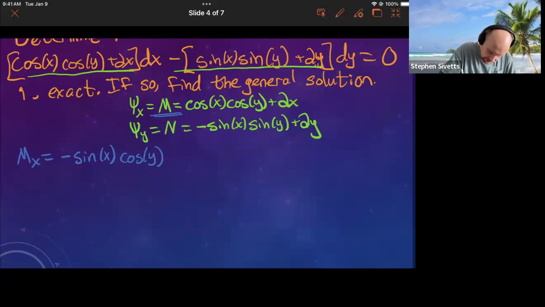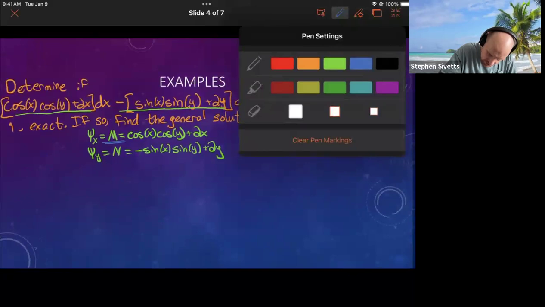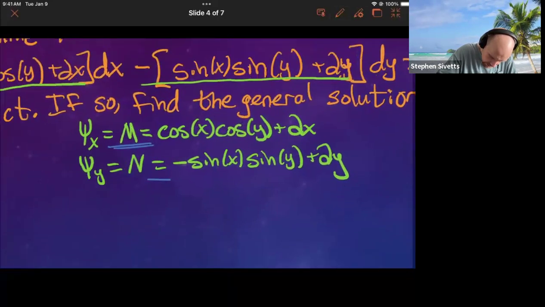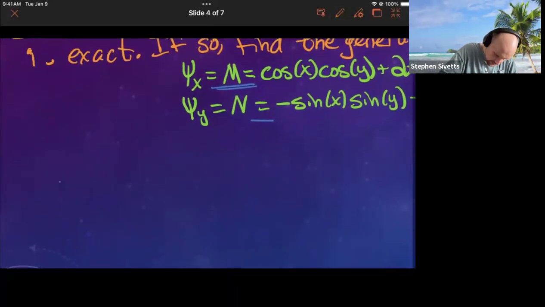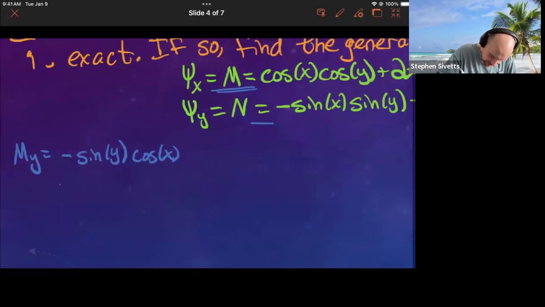Okay, hold on a second. I gotta erase this. Doing it all wrong. So to take the partial of m with respect to y. Shoot. All right, let me do that again. So the partial of m with respect to y would be minus sine y. X's are constant, so it would be cosine x plus 2x, so that's 0.